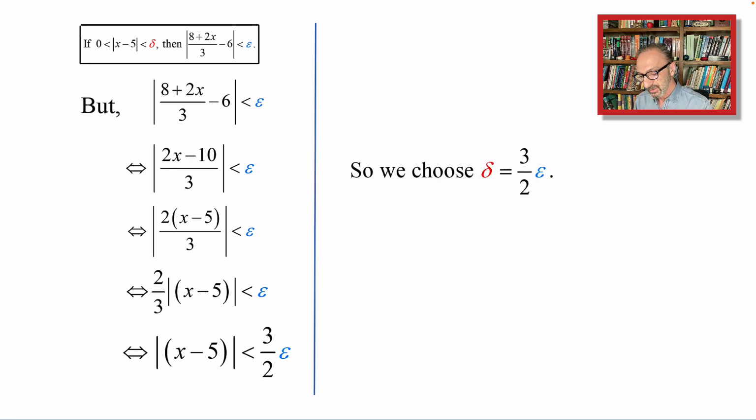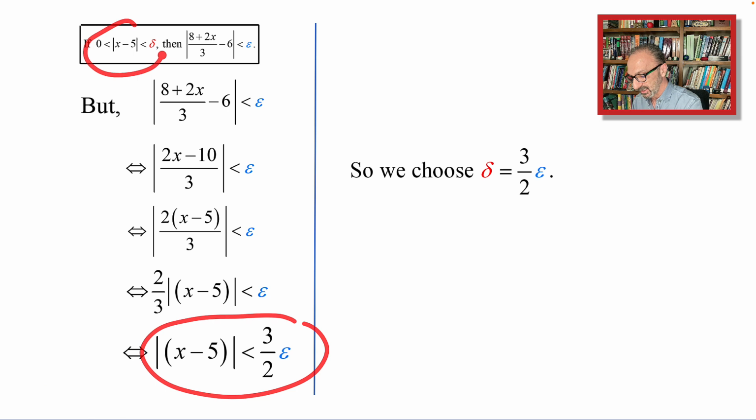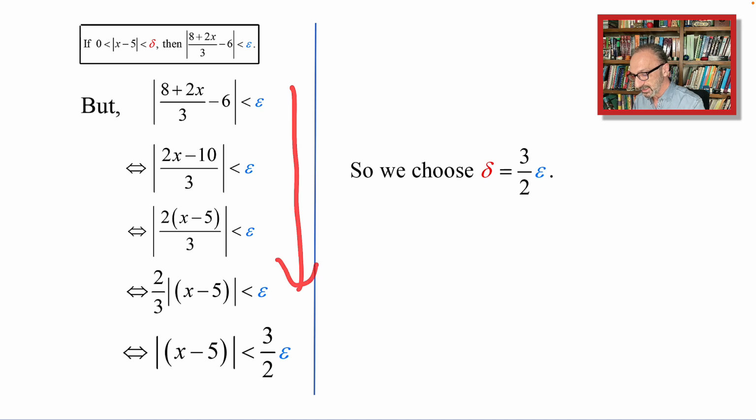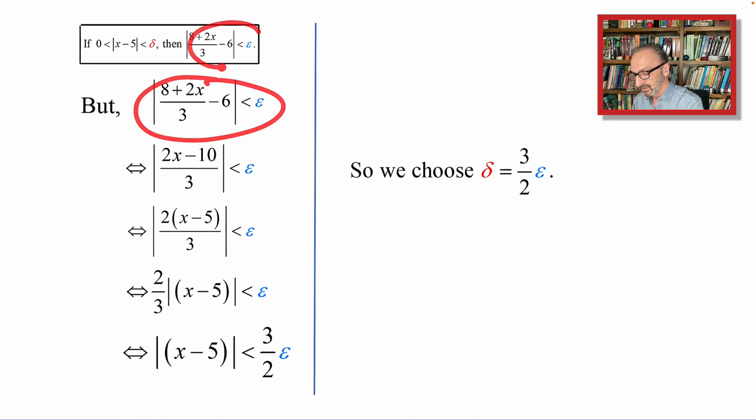Now we choose delta equals 3 over 2 epsilon. And that's exactly what we want. This right here looks like this one here. So all we are doing, going down, is starting with the form that we're given, epsilon, and trying to get something that looks like this.